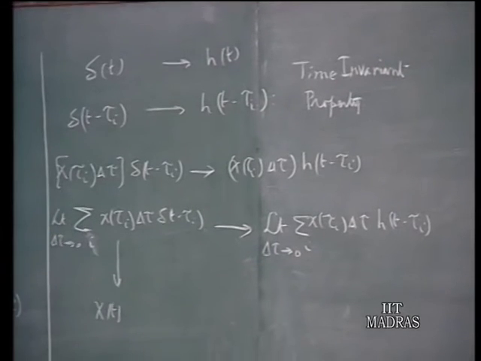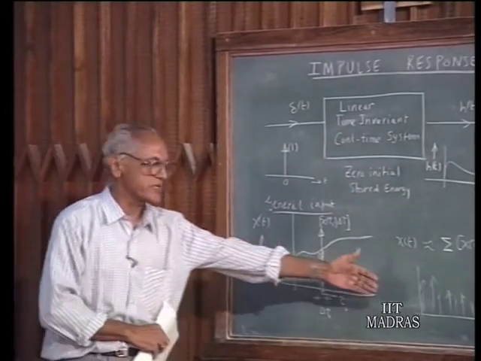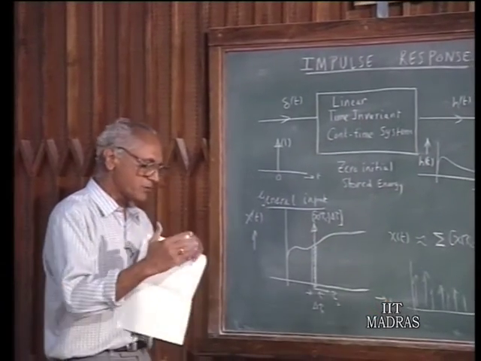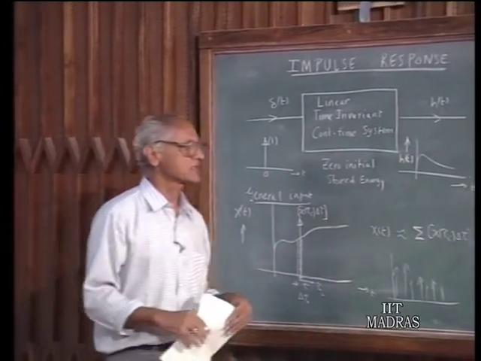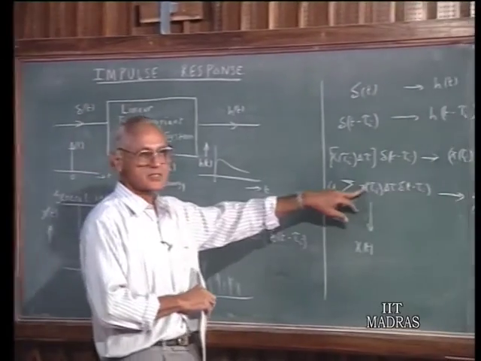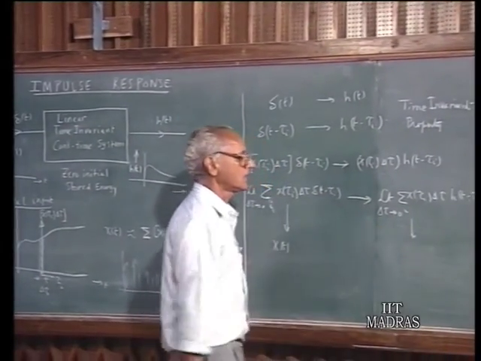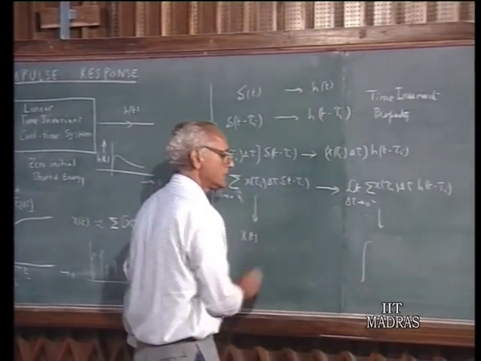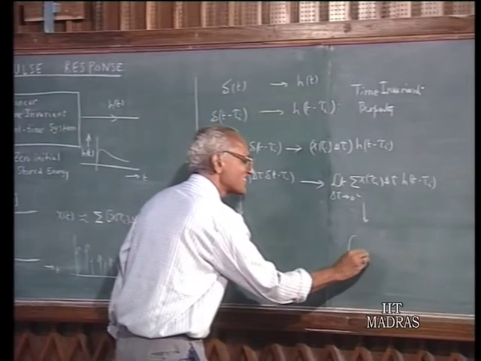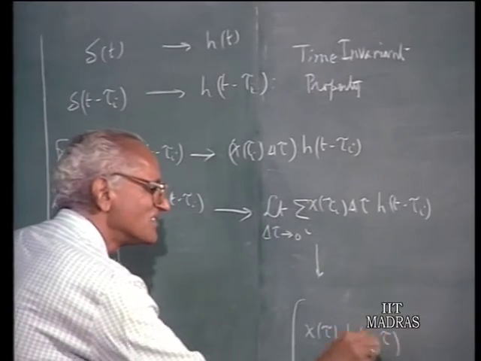As delta tau goes to 0, all these impulses are equivalent to the input x t, as we have seen. From x t we have generated these impulses. You make them closer and closer, and approximately that will be the same as your x of t. So, x of t is regarded as a series of impulses, and correspondingly the response is an integration of x tau h t minus tau d tau.